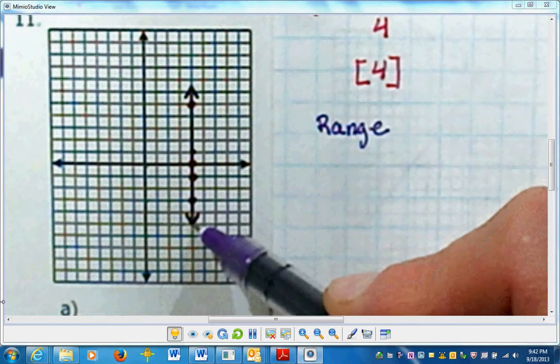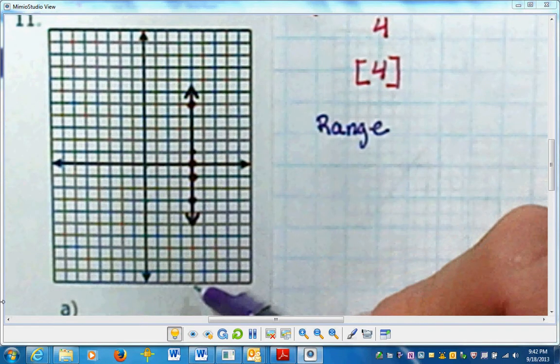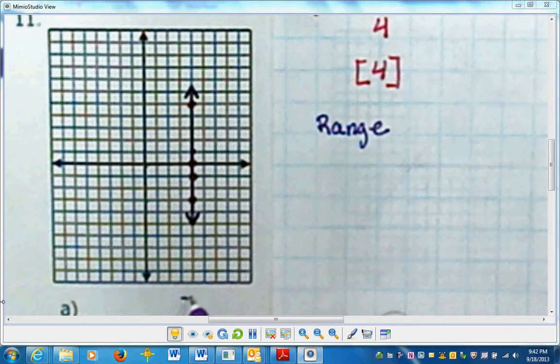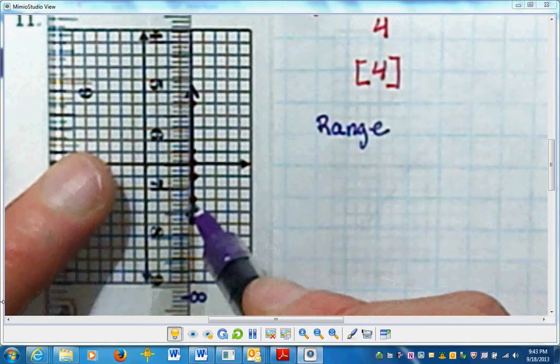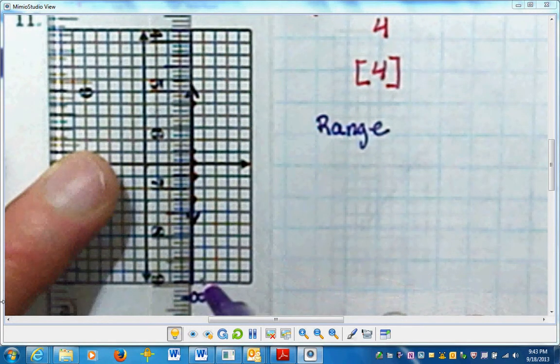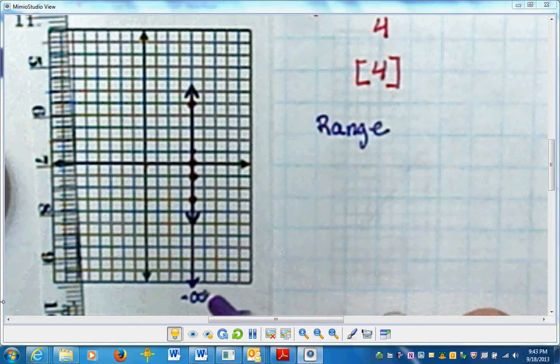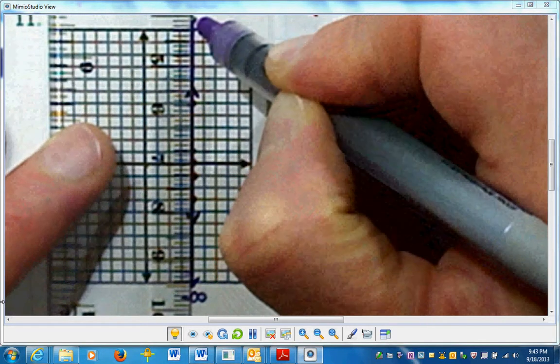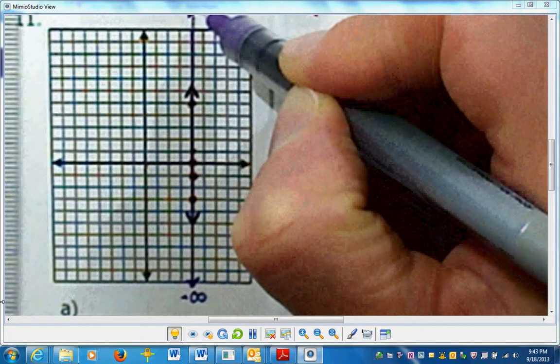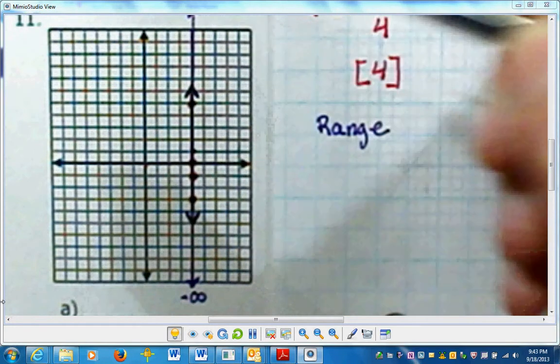So where's my lowest forever? My lowest forever is at negative infinity, isn't it? Because this keeps going down forever. And this is going forever up, so that's going to infinity.